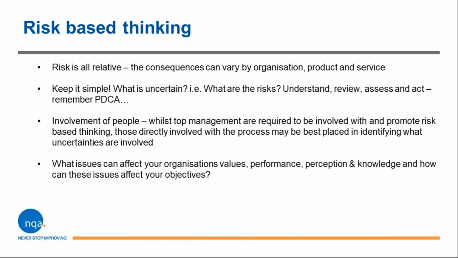Look at what issues can affect your organisation's values. We've all got our own values, be it ethical or so on and so forth. Look at the performance issues we've already spoken about, be that financial or whatever it may be. Look at your perception and knowledge and how these issues can affect your objectives.